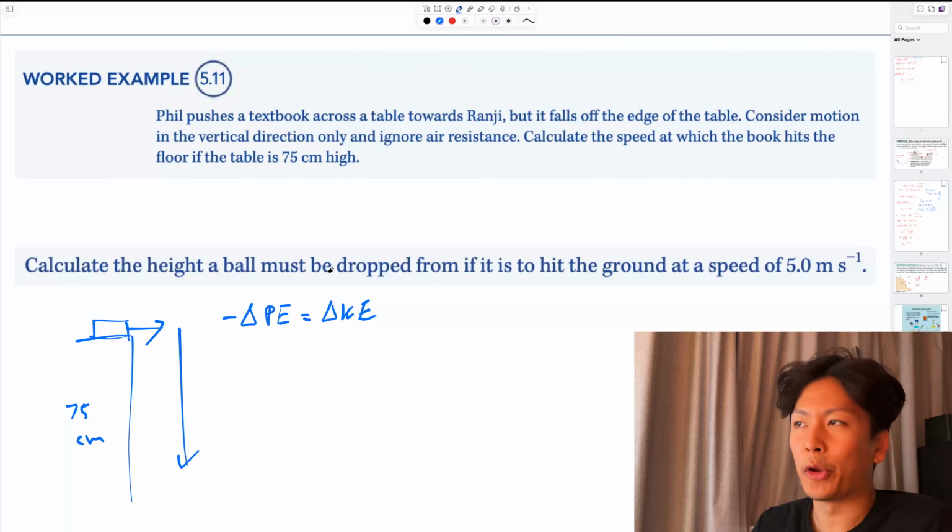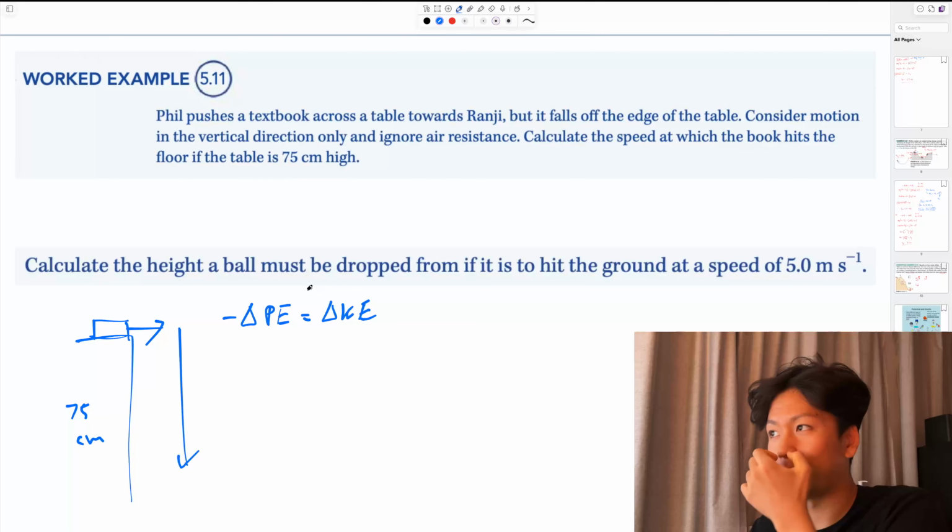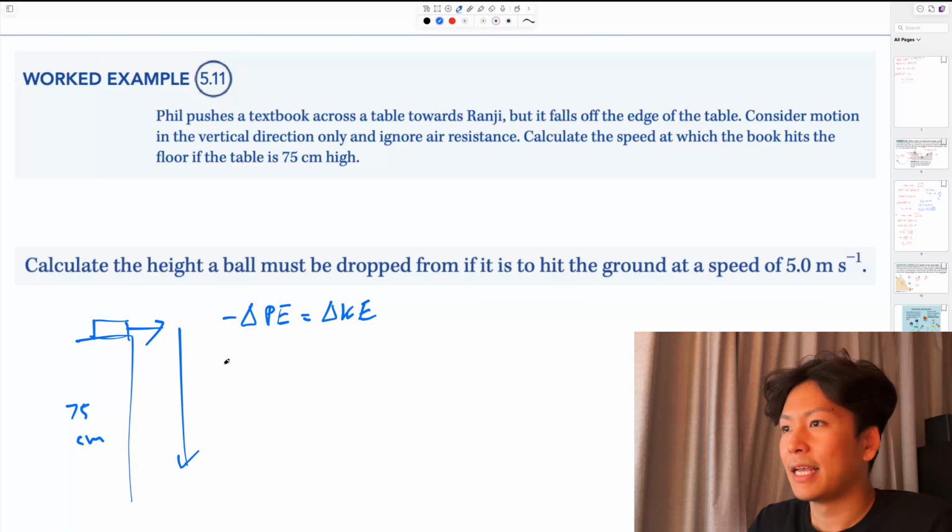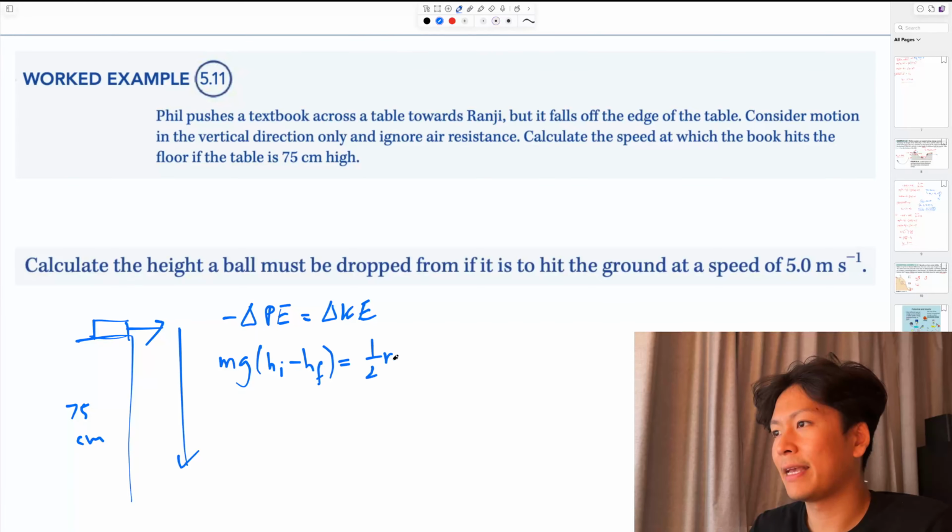Again, no non-conservative forces here because we're ignoring air resistance. mg(h_i minus h_f), because of the negative, that's why it's not f minus i, is equal to half m(v_f squared minus v_i squared).